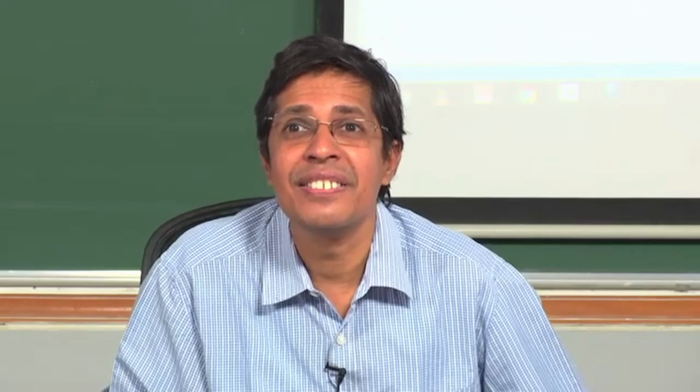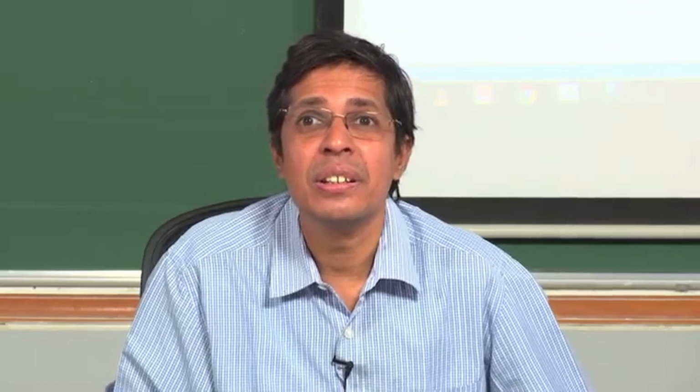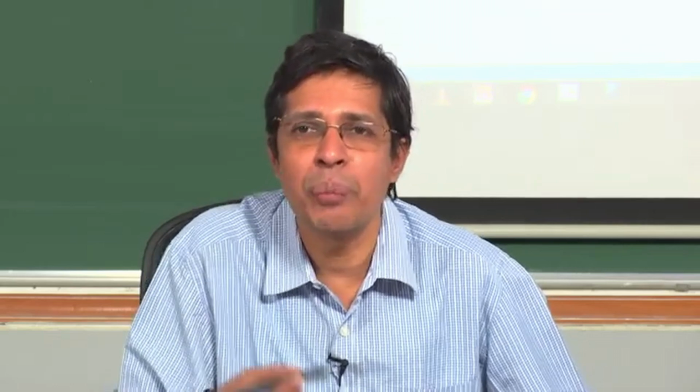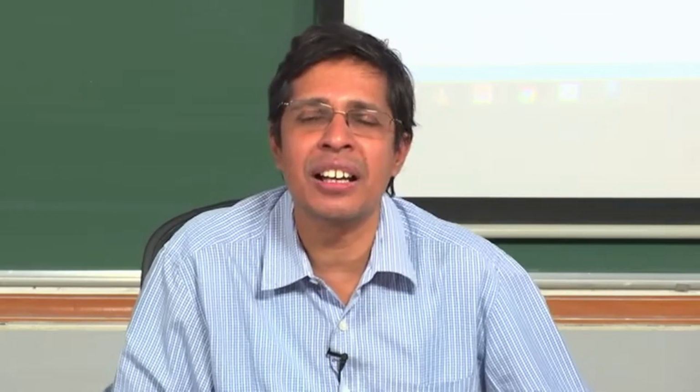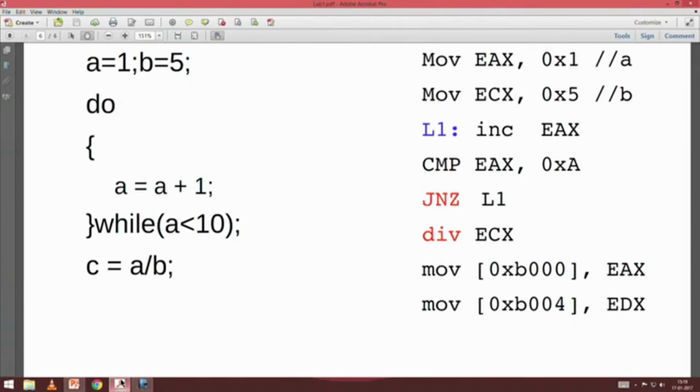Where are the opcodes? It's in the manual. Are they used somewhere? When you compile it, you get opcodes, right? The opcodes are the ones which the machine can understand. So when you compile the C code, for example, good question. This is the C code, a human readable form.